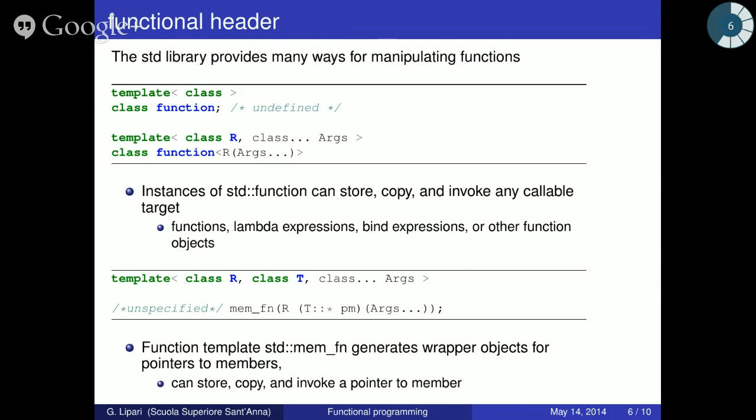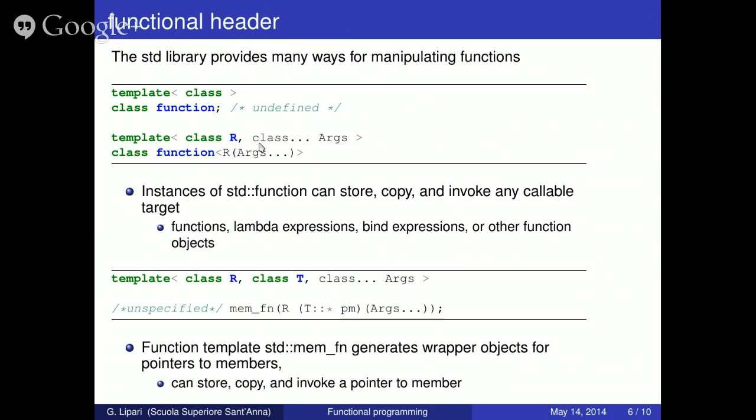Well, you can use what is defined in the functional header in the standard library. The first thing that the standard library provides you is a wrapper for any kind of function, and it's called, by the way, function. So you can wrap anything that looks even remotely like a function inside an object of type function.